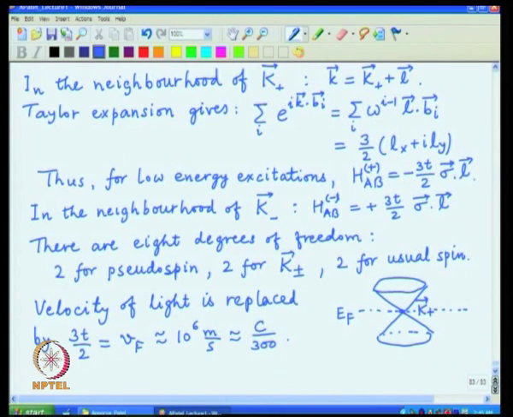And this change actually makes this system easily accessible. You do not have to study at very high speeds close to c. The speeds remain whatever is available in condensed matter systems, and you can still see effects described by Dirac equation.